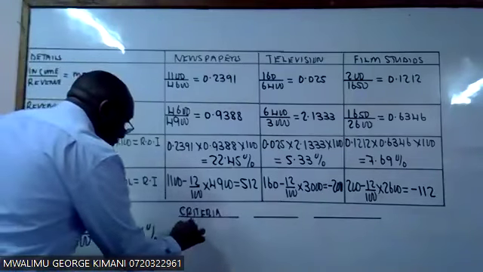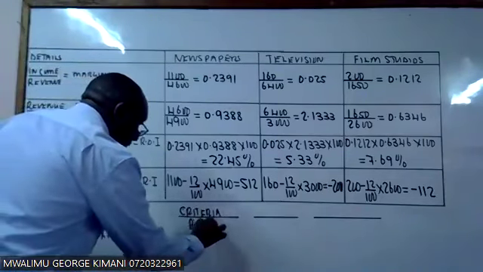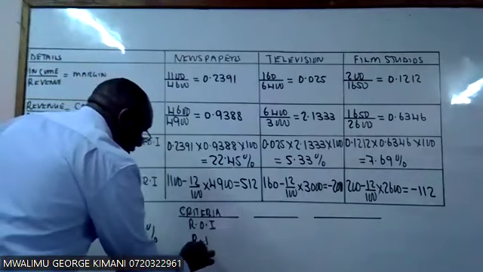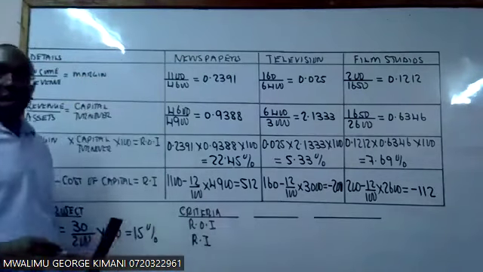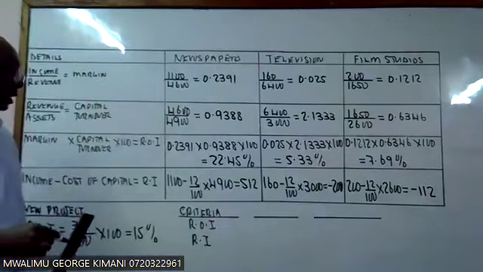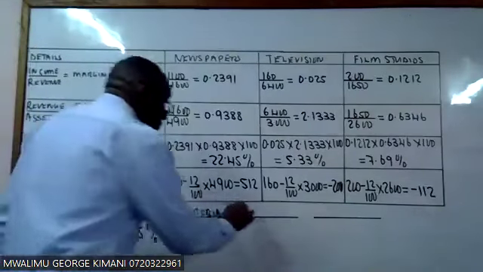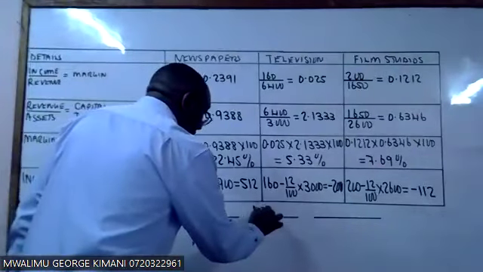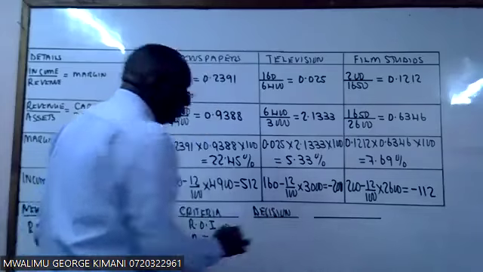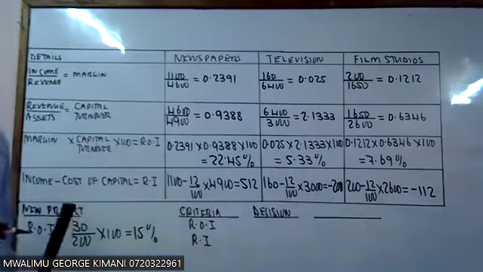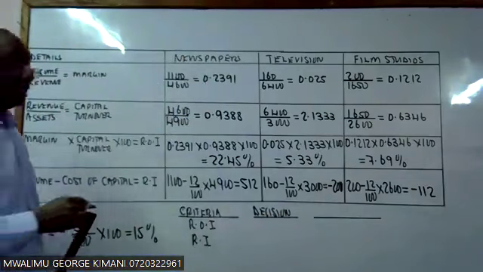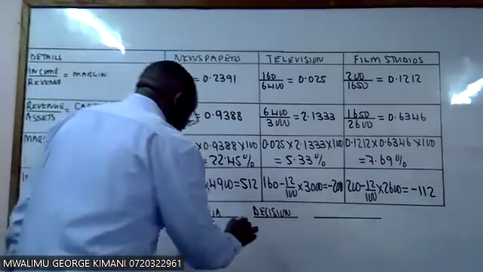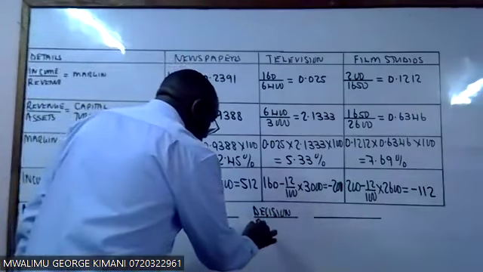We can use return on investment, and we can as well use residual income. Then, whichever you use, you will arrive at a particular decision where you will either accept or reject. So for the return on investment, we are going to reject.